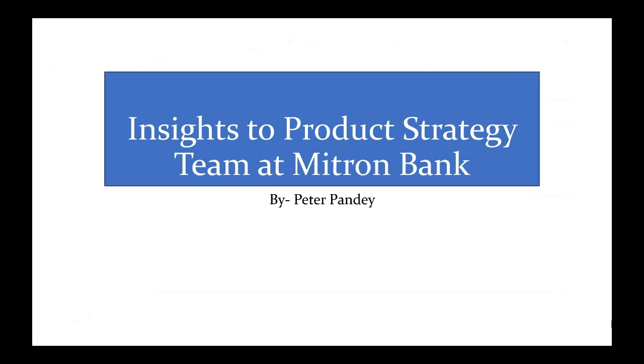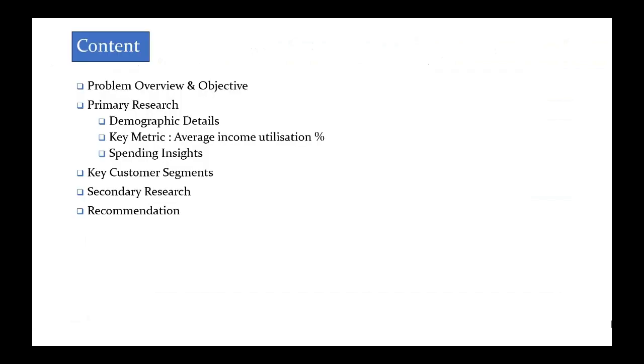As a part of the Codebasics challenge, I am here to present my insights to the product strategy team at Mitron Bank. The flow of this presentation is as follows. Initially, we will look at the problem overview and the objective. Then we will look at the primary research, which has been subdivided into three parts, namely demographic details, key metric, and spending insights.